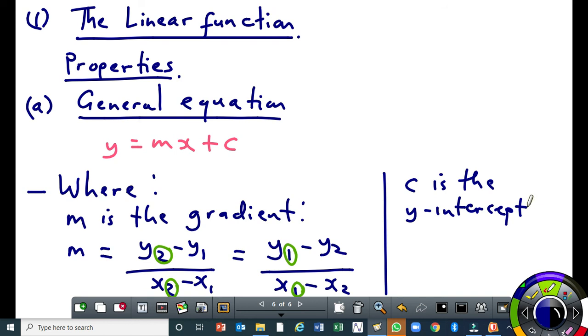So you get the value of C when x is 0: you substitute x equal to 0, then you get C. So that is the general equation.